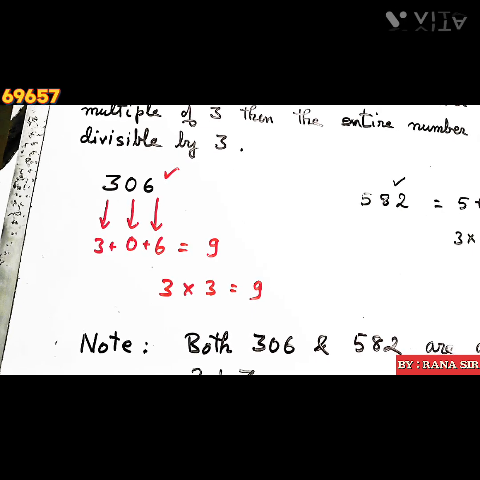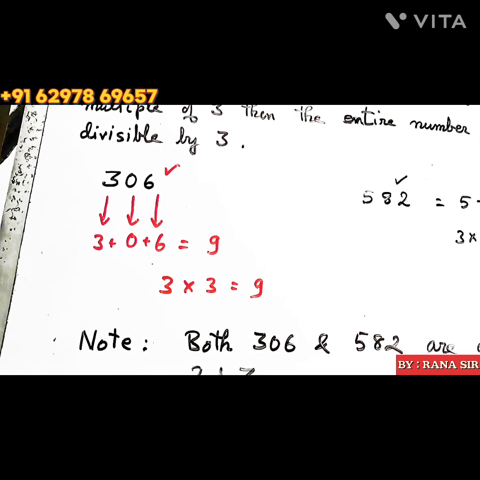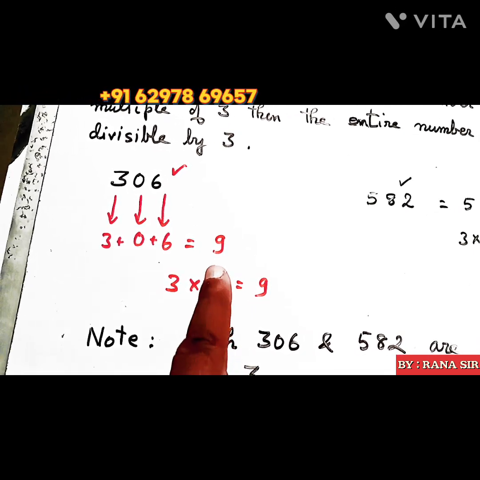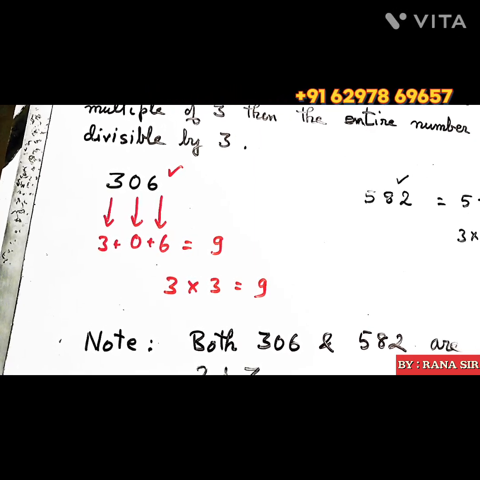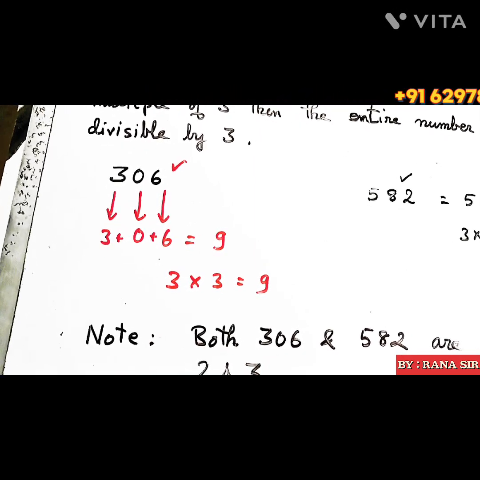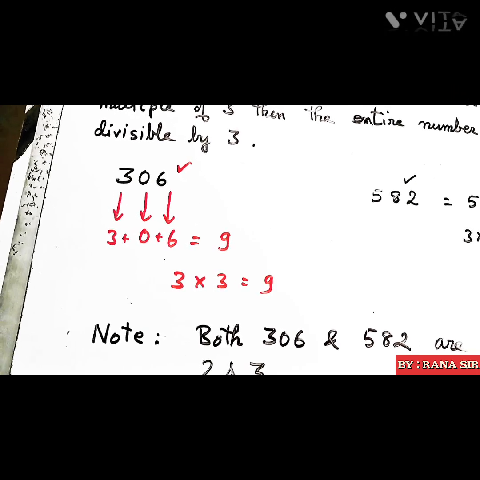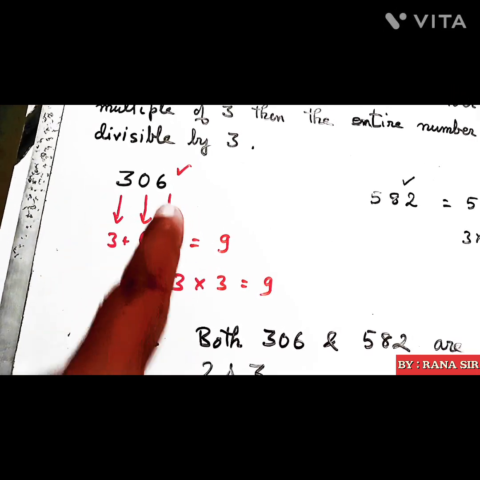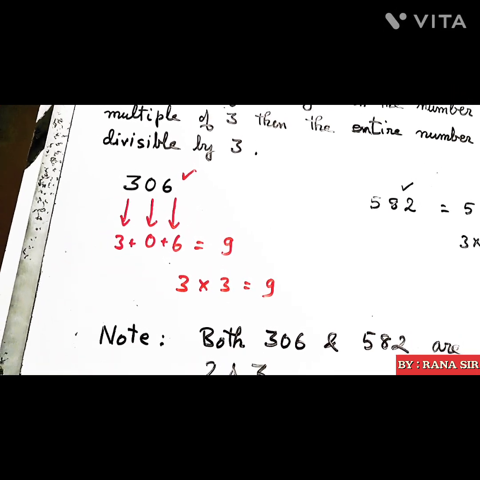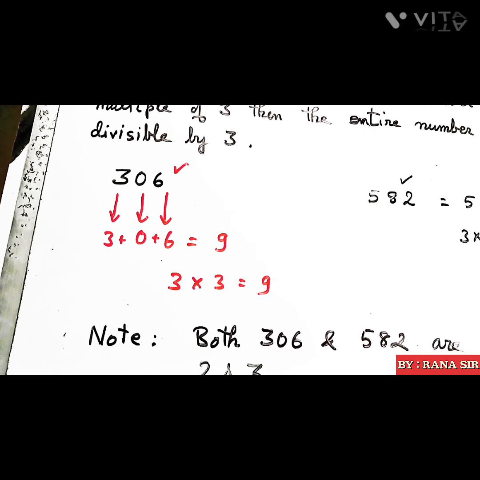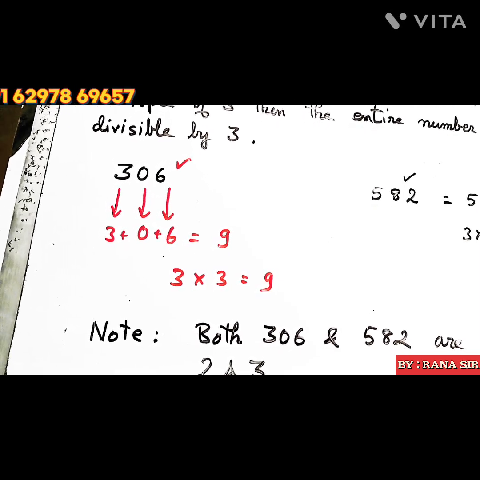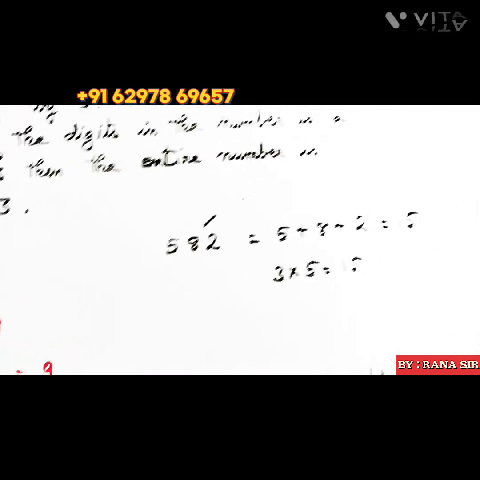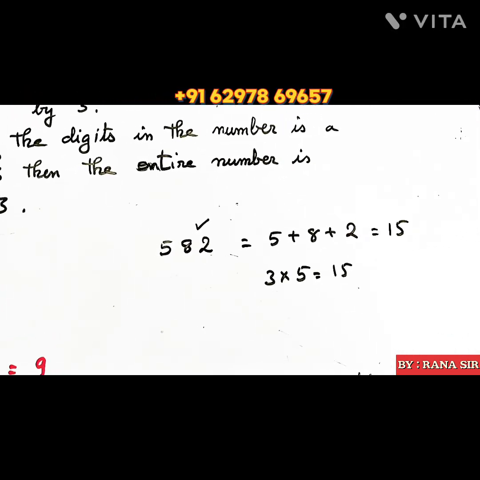If I add 3 plus 0 plus 6, the result is 9. Now 9 is a multiple of 3, 3 into 3 is 9. So if the sum of the digits is a multiple of 3, then the entire number 306 is divisible by 3. Second example, 582.